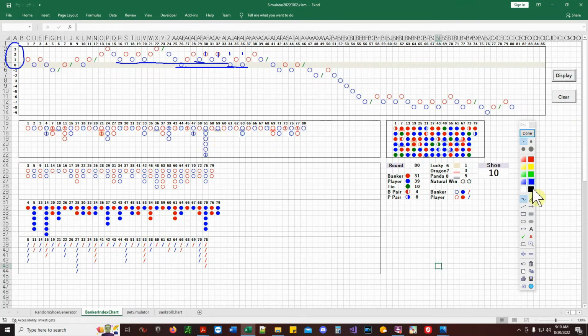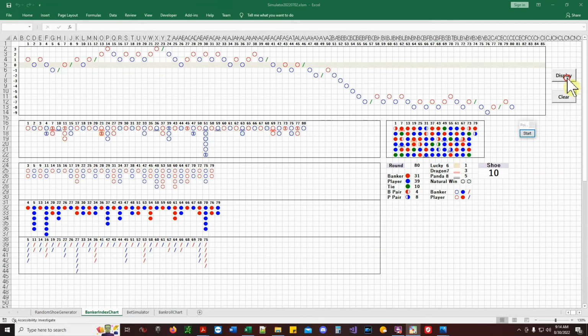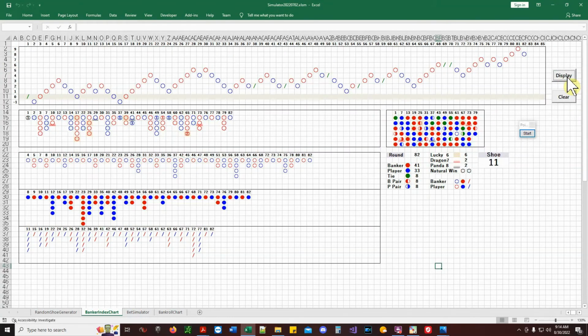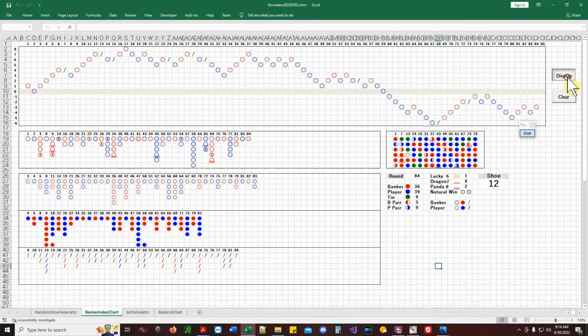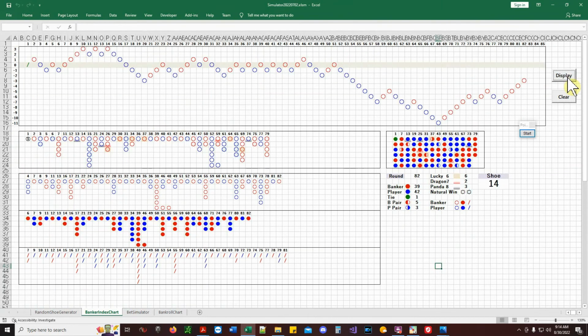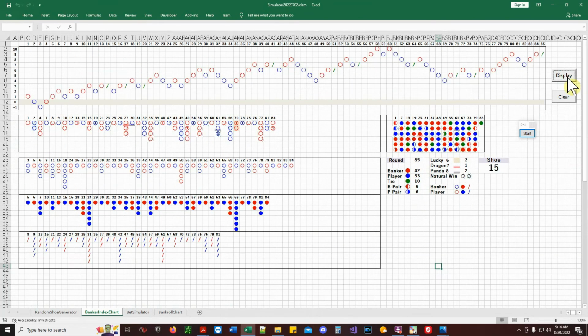Okay? Let's hit another one. Want to find something where the range is just tight. Then all of a sudden it goes. Not on the player side, on the banker side.